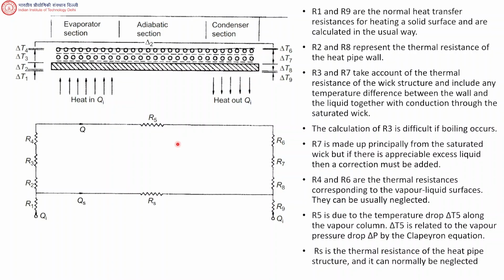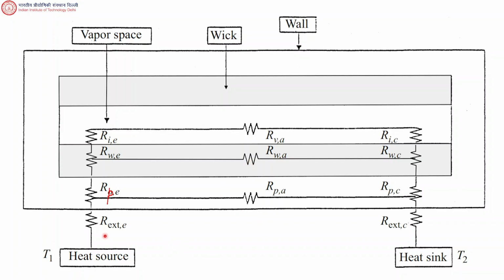And if you write these resistances in a slightly different notation, then we will get this. And then this is better. The previous figure was actually from some other book. This is the same thing. So there is a heat source, and then between the heat source and the pipe wall, you get an external resistance.